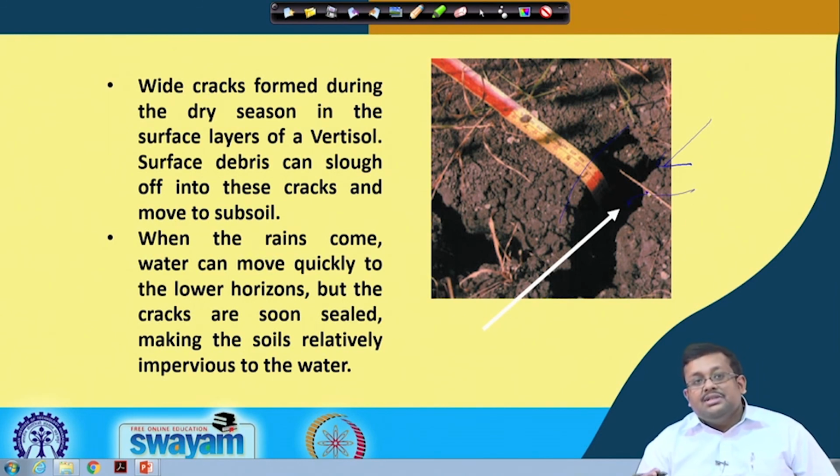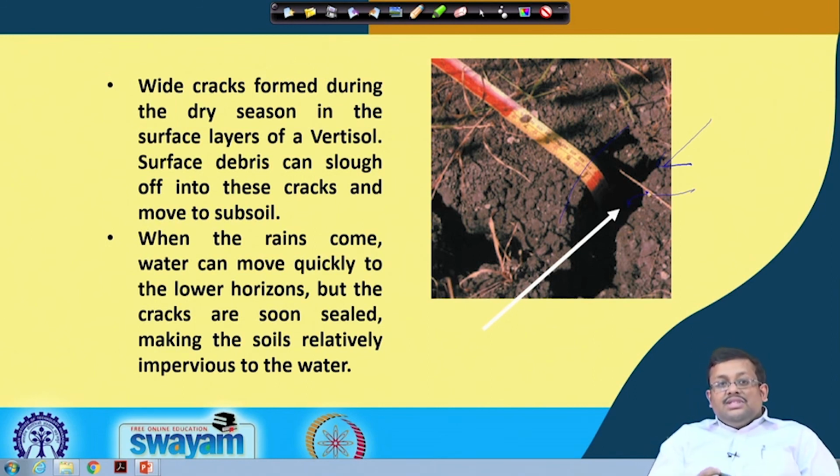When the rain comes, water can move quickly into the lower horizons, but the cracks are soon sealed, making the soil relatively impervious to water. So, this soil basically shows what we call the shrink and swell property. In the dry season, when there is no water, they form wide cracks, and during the wet season, when the water enters, it seals those cracks and ultimately the soil swells. This is a very important characteristic of Vertisols.